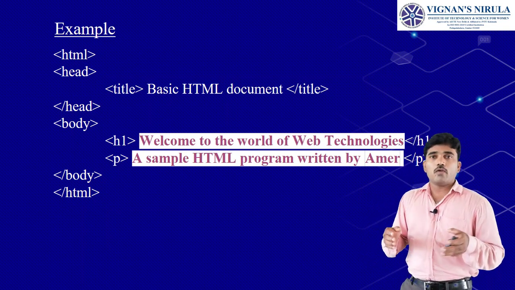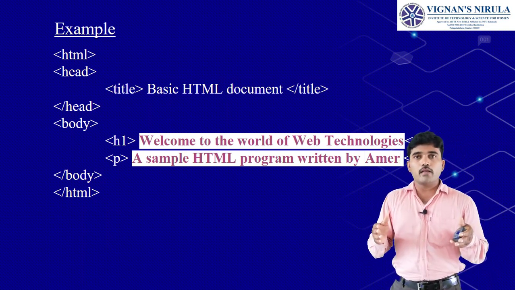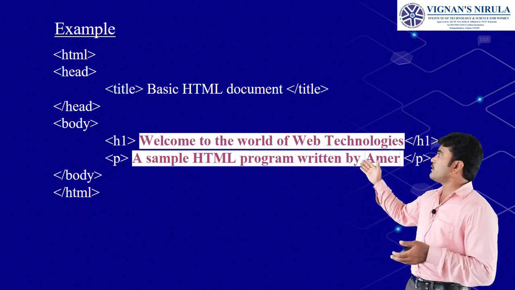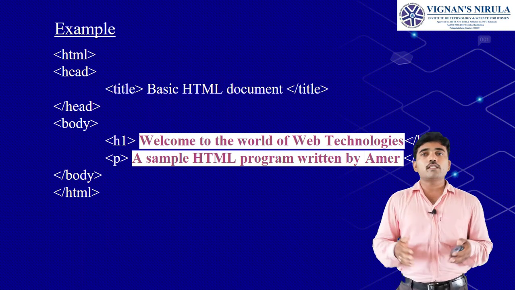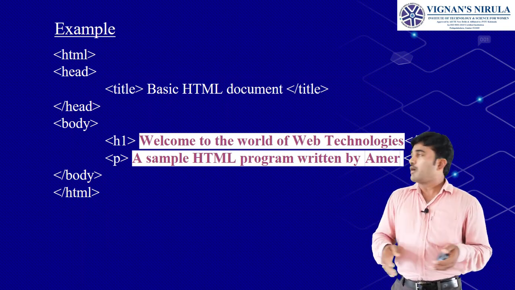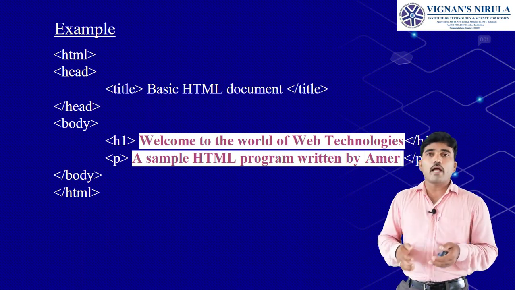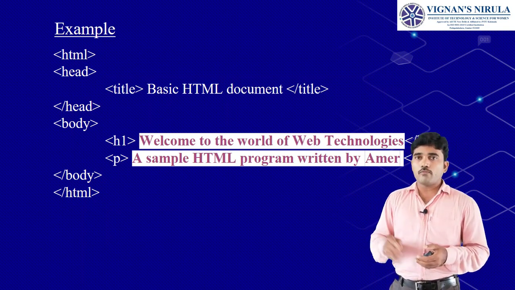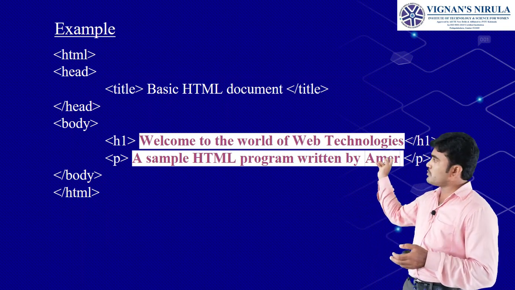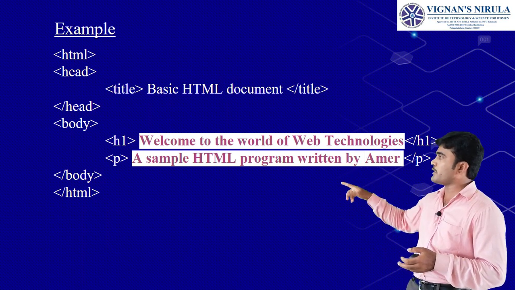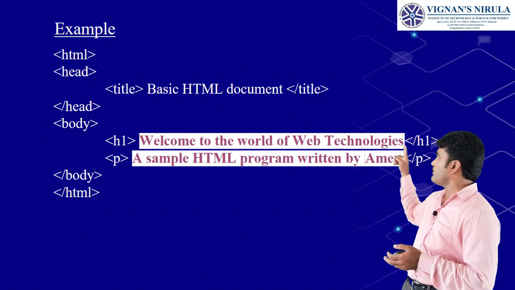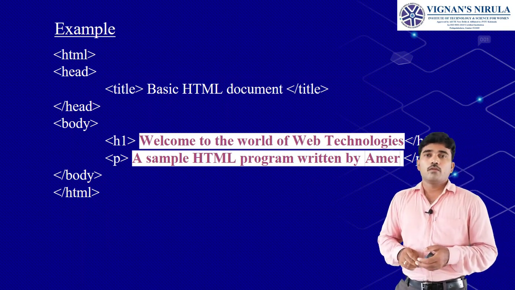So what was the text that I wanted to display like a heading? It means, welcome to the world of web technologies. I wanted to display it like a heading. And next P. I wanted to display P as a paragraph. If you observe these 2 tags, one is H1 and another one is P. These 2 tags have their own starting tag and their own ending tag.